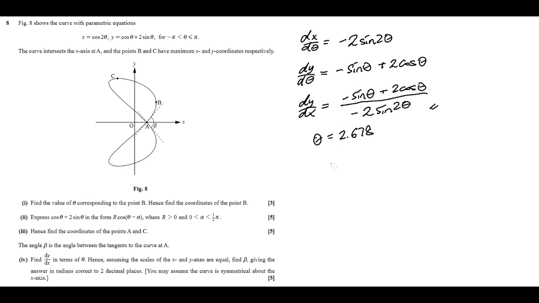Plug that into the equation, we get dy by dx equals, let's see what I get, minus 1.3976. From this we know that the negative comes from the diagonal going downwards, and so we can construct a triangle.